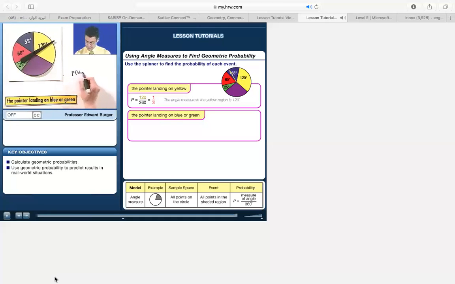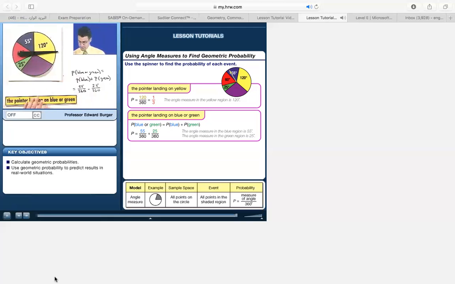So the probability of blue or green equals the probability of blue plus the probability of green. And that's because these events are mutually exclusive. So the probability of blue is 55 out of 360, plus the probability of being in green, which is 25 over 360, because 25 is the angle formed there.